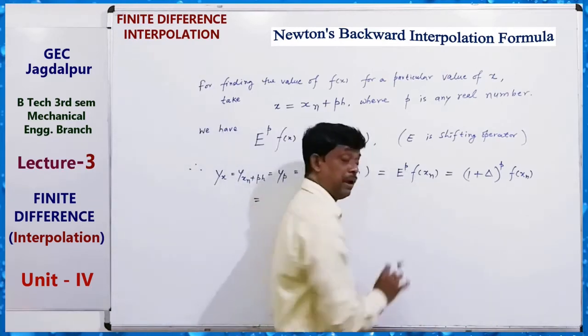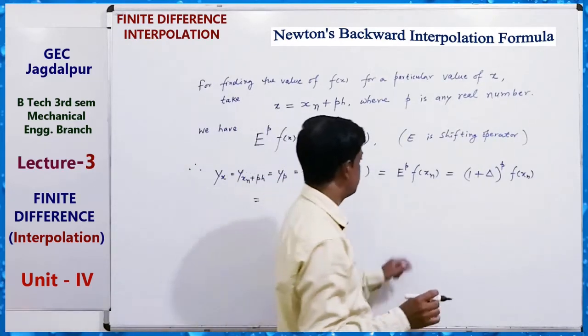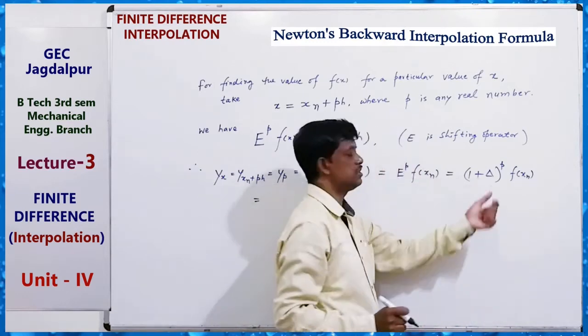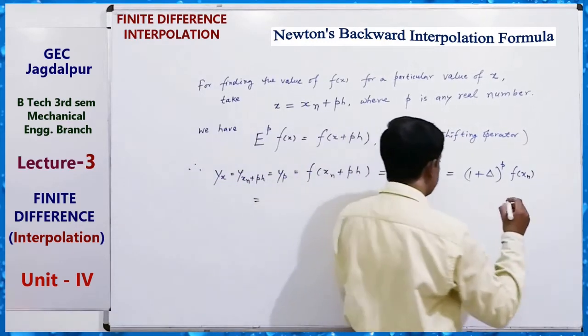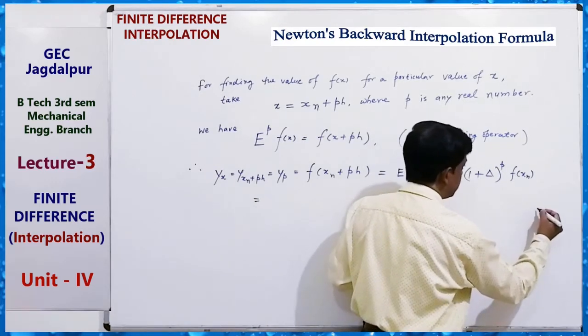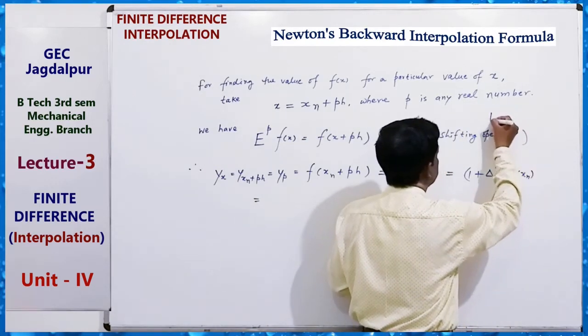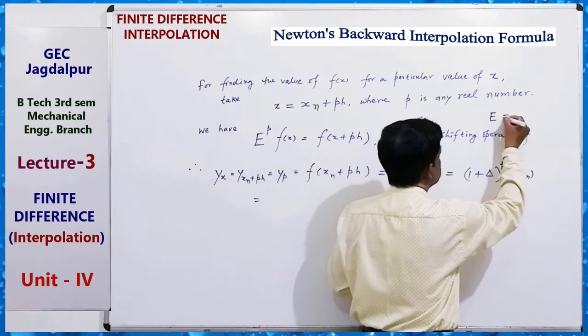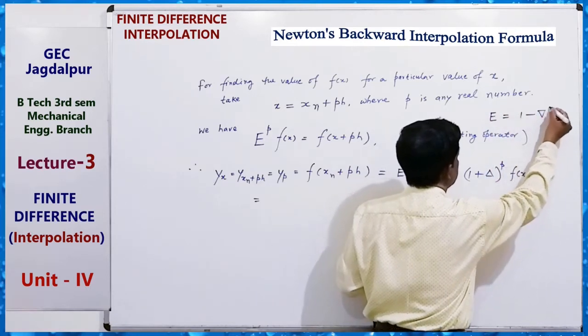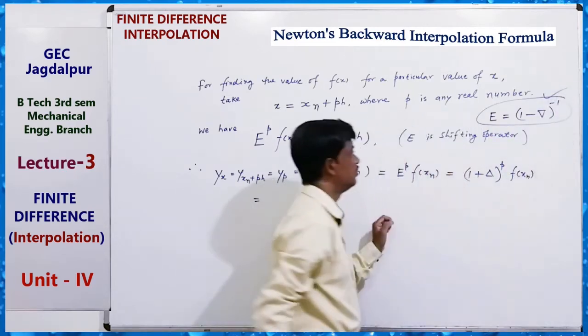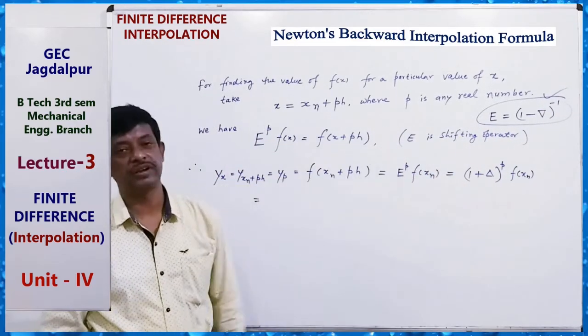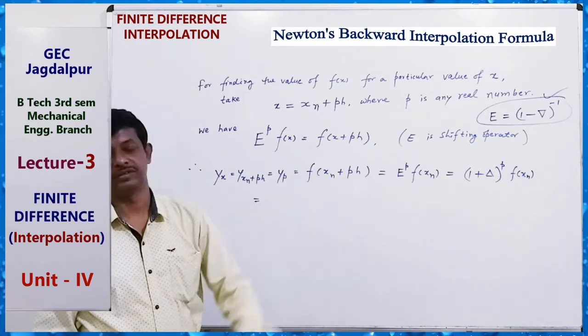For the backward difference formula, we know the relation E equals 1 plus forward del, that is the relational operator. Now we also know that E equals 1 minus backward del inverse.